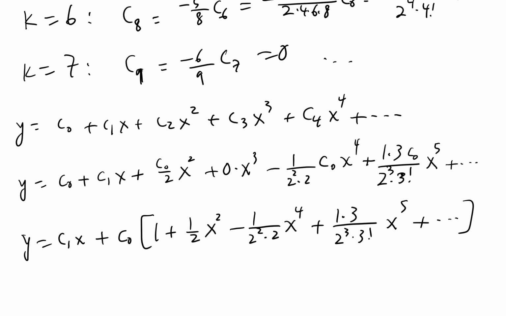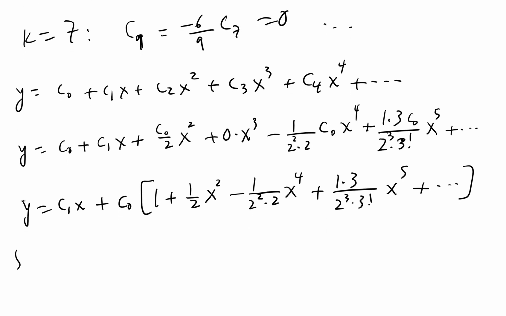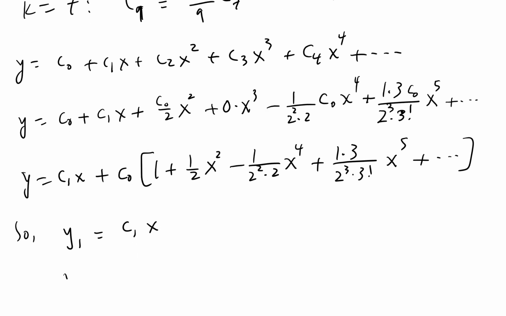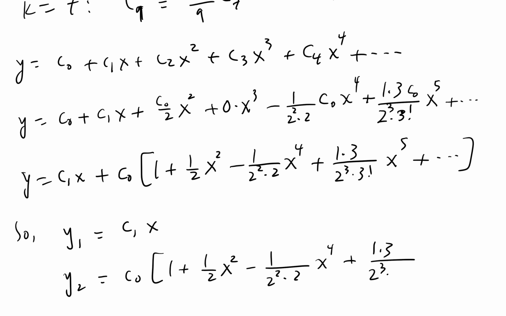You can get all the way to this point. So in this case, the solution is y1 is c1x, and y2 is c0 times 1 plus 1/2 x squared minus 1 over 2 squared times 2 x to the 4th plus 1 times 3 over 2 to the 3rd times 3 factorial x to the 5th plus etc.